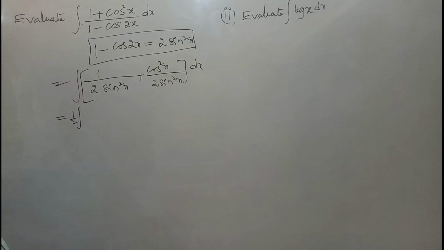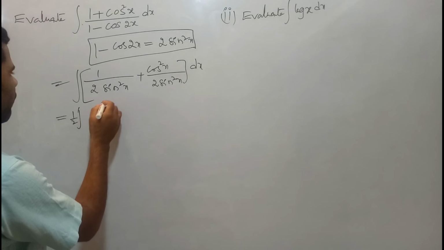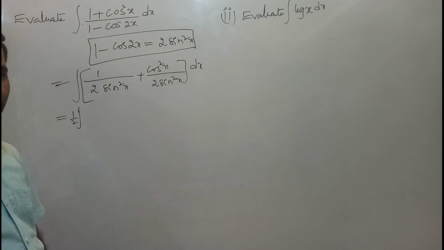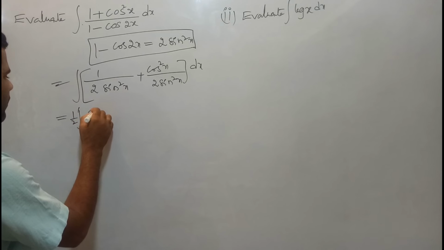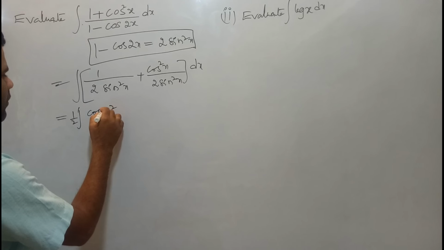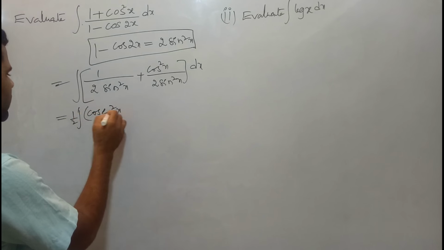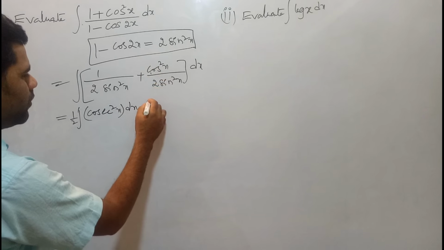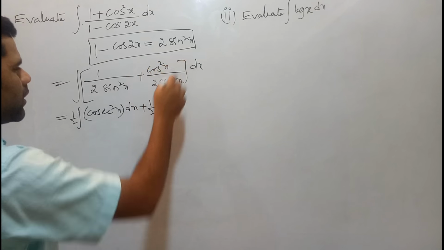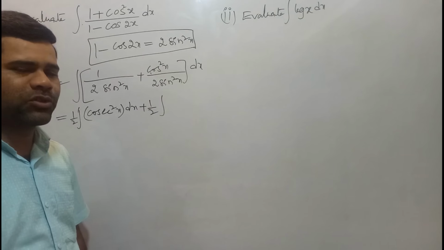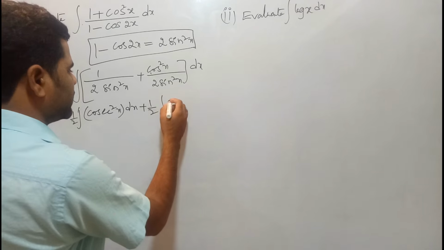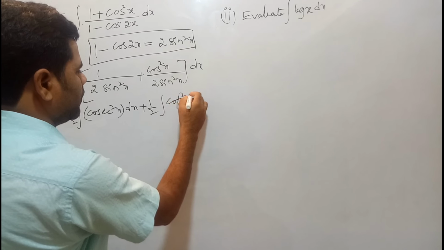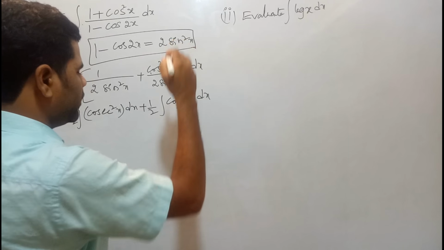Half, the constant I am taking outside, so half, 1 by sin square x. 1 by sin square x is equal to cosecant square x into dx, plus again here half integral cos square x by sin square x, which is cot square x, cot square x into dx.